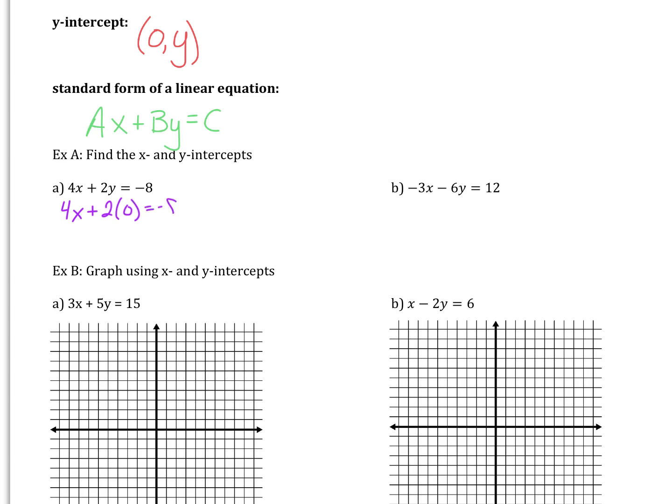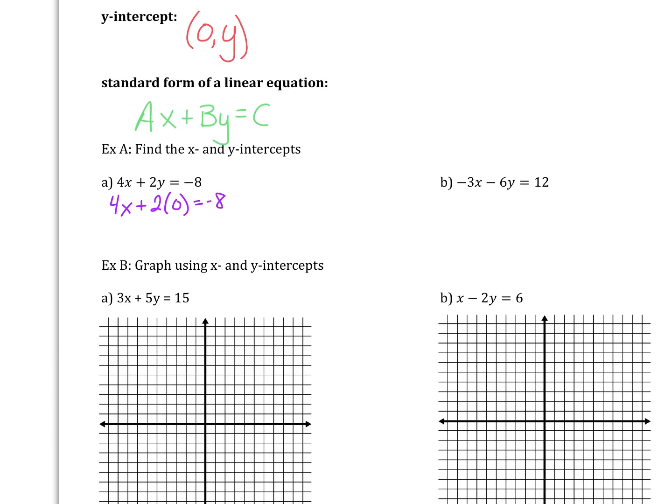Like it has to be. That is literally the meaning of an x-intercept: when y is 0, we have some x, okay? And this is for the x-intercept. I did not leave a lot of room on this, and I apologize for that, but I think you guys can squeeze it in there.